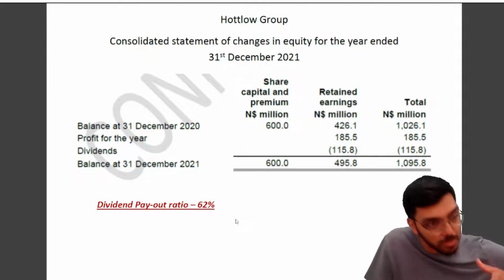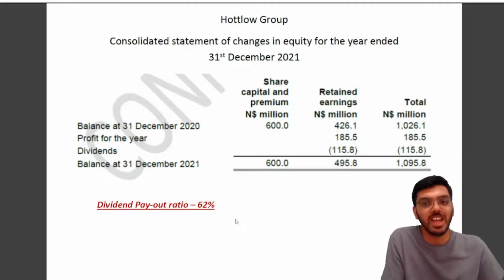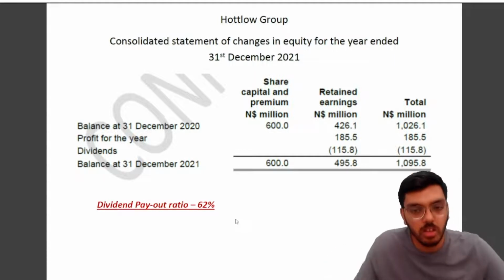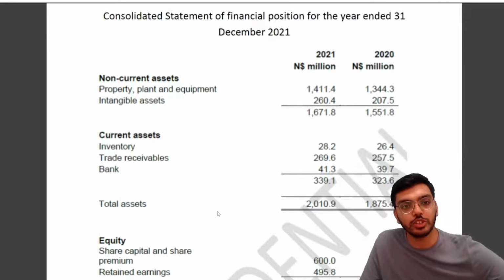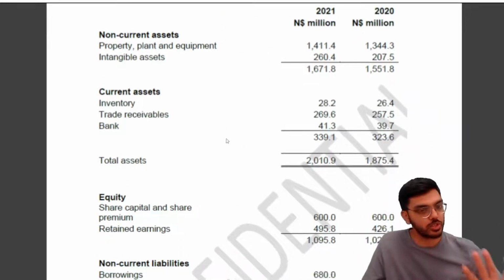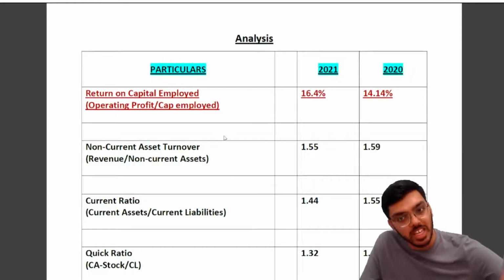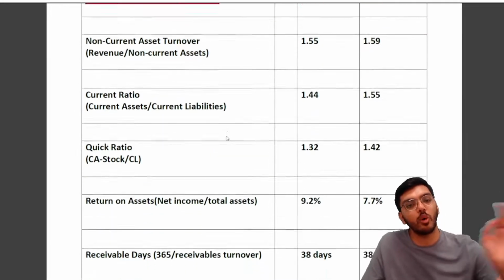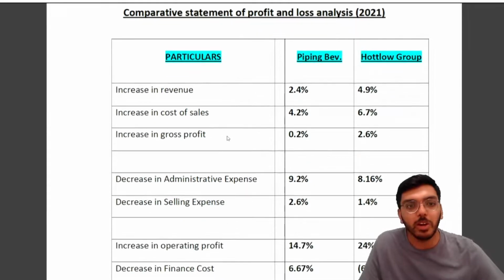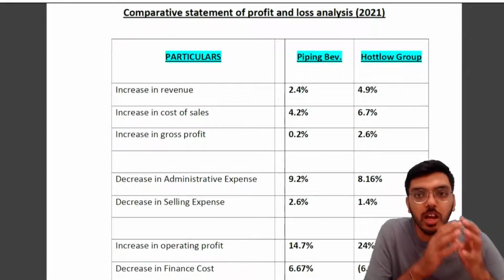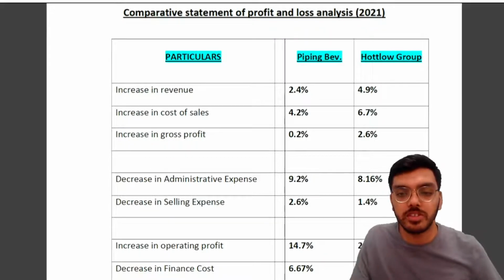Hotlo on the other hand is paying out 60%. That's their strategy coming into the picture here. Same way, the consolidated statement of financial position is here, and the analysis of that has also been done for you. Nothing goes amiss. But what we will be increasingly focusing on is the comparative statements that we made for you.